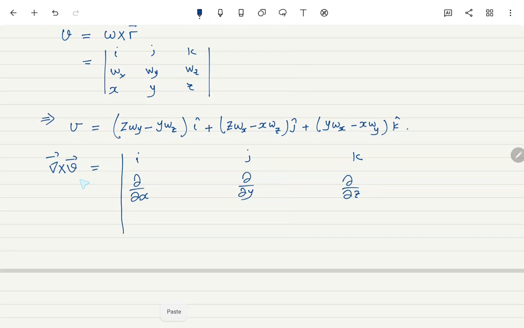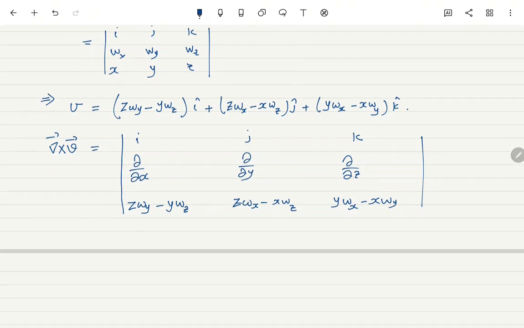Now the components for V, the x component, this one here, z omega y minus y omega z, z omega x minus x omega z, y omega x minus x omega y.